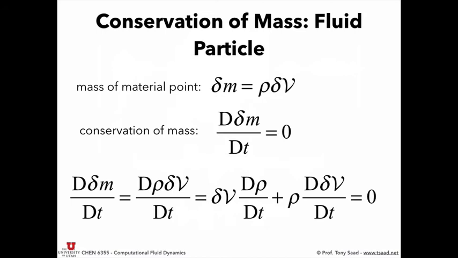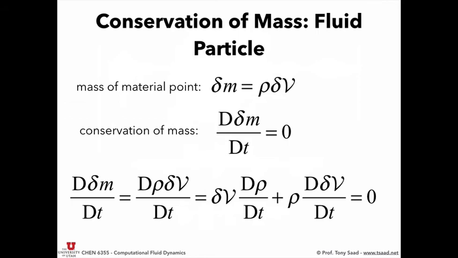But what is the law of conservation of mass for a material point? A very small material point has a mass of delta m, which is rho delta v. The conservation of mass for a material point is d delta m by dt equals 0. Mass doesn't change for a material point. Same for a material system.